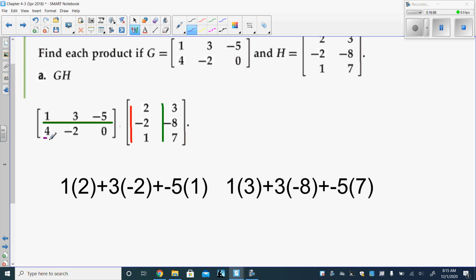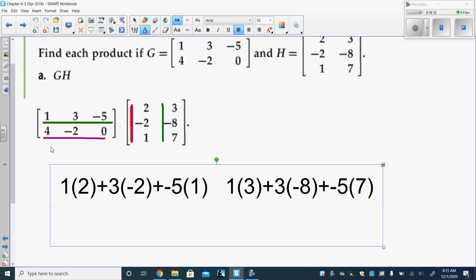Now we're going to go to the bottom row of the first. So we're going to go over and down. So we multiply here, it'd be 4 times 2 plus negative 2 times negative 2 plus 0 times 1. And that's all we have to do for the first part.